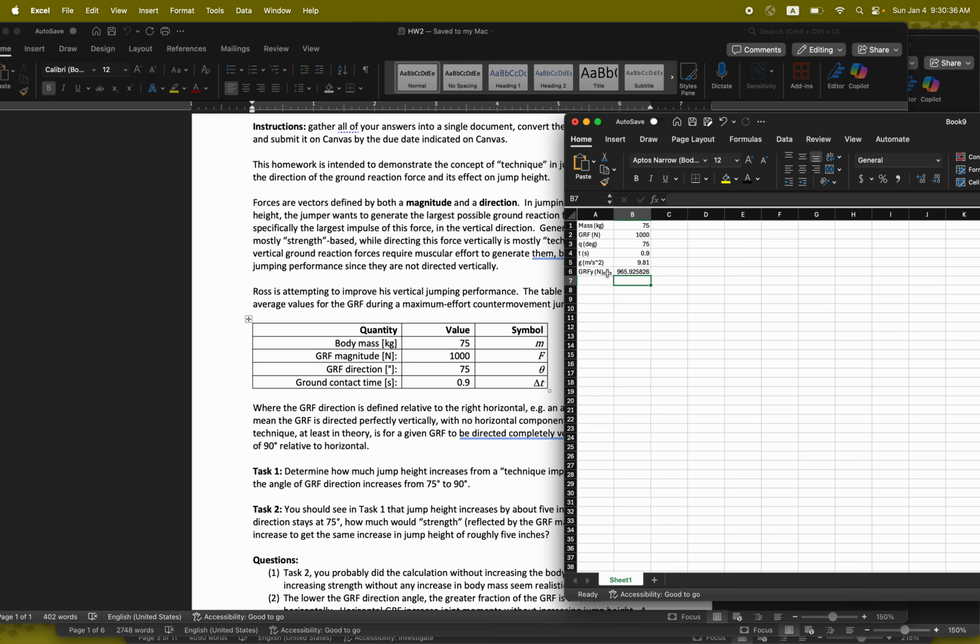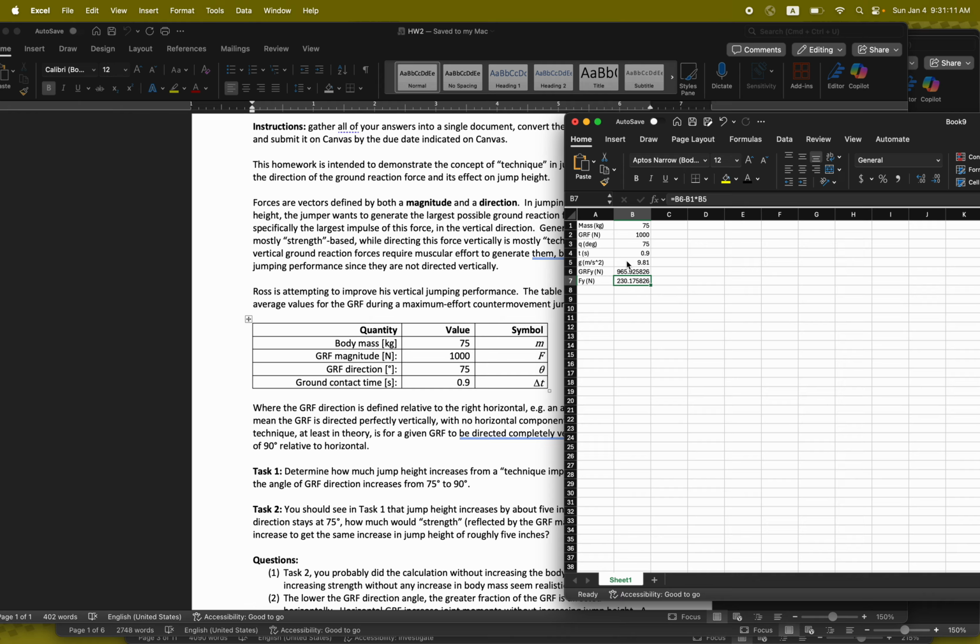To actually move upwards against gravity, I have to produce a force above and beyond my body weight. So to get the force, I'll call it Fy here in newtons, above and beyond my body weight, I'm going to take this vertical ground reaction force and subtract from it my mass times gravity. And what's left over there is my net force in the vertical direction that's going to cause me to jump vertically.